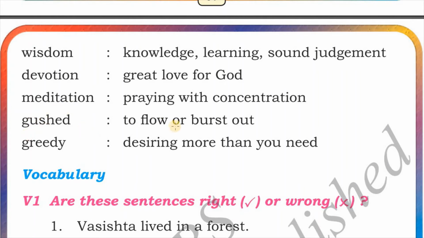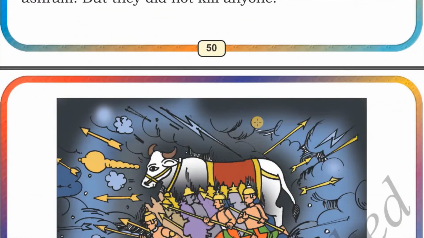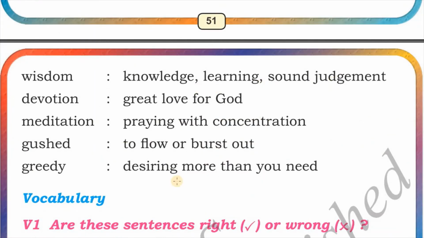Gushed is to flow or burst out. Where did we encounter this word in our lesson? Fire gushed out of her eyes. So fire came out of her eyes, or burst out of her eyes. Greedy. Greedy is to be desiring more than you need.